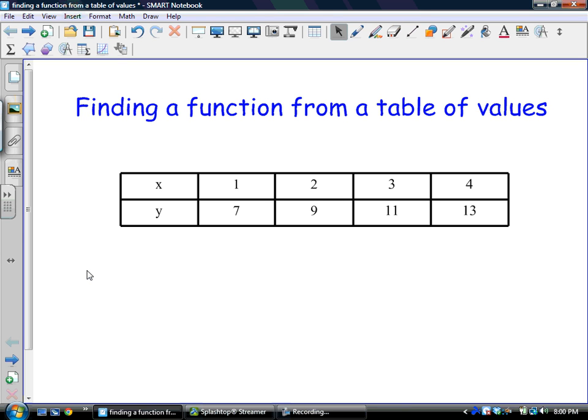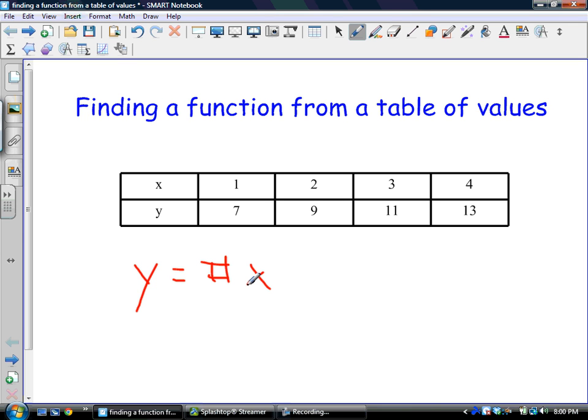One way to do that, of course, would just be to guess and check. Basically, all of our functions that we've talked about look something like y equals some number times x. Sometimes that was 1, so we didn't actually write a number there.